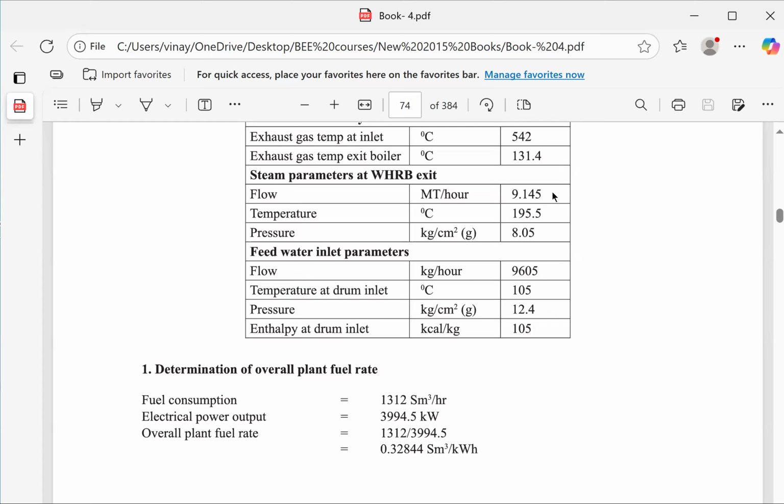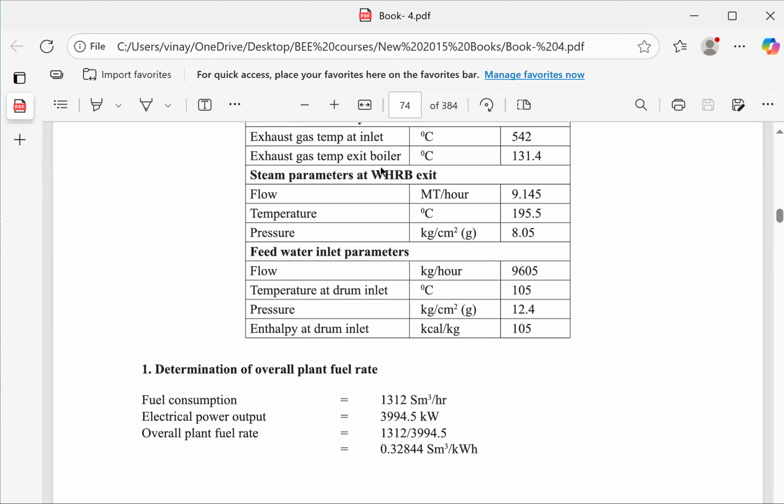Either you can calculate total heat content with the steam tables, which are not with you, so they will give you the total heat content at these parameters. WHRB exit, what is WHRB? Waste heat recovery boiler. Remember the short forms, because in the paper they don't give the long form.